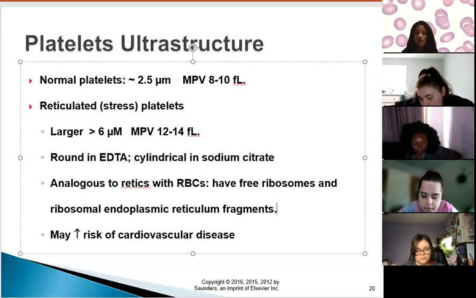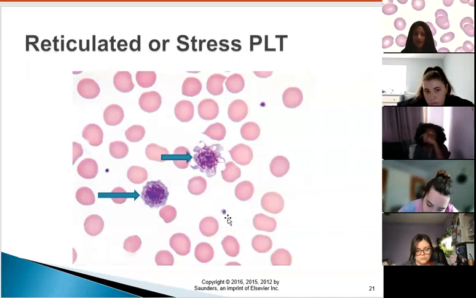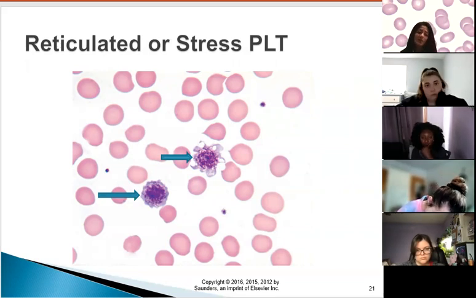And I'll show you the picture of a stress platelet. So these could be big stress platelets. They look like they have fragmentation inside of them. Now, again, it's a response to stress, to something that's happening, and you can start seeing them when the body's trying to compensate for a low platelet count, a low number of platelets.